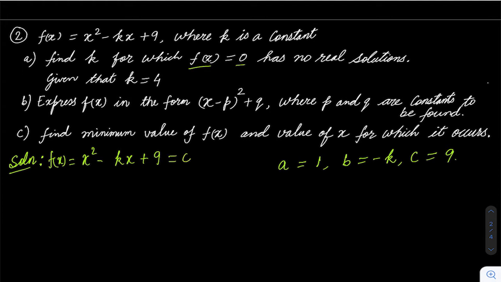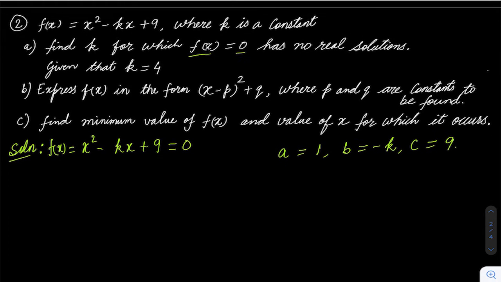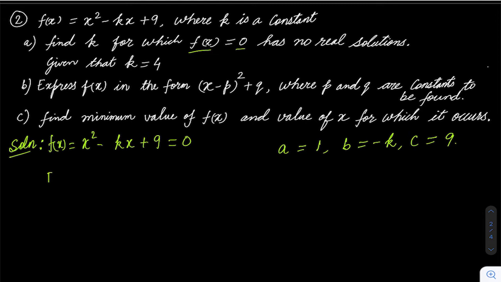So basically this is my quadratic. The discriminant is equal to b square, that is (minus k) square, minus 4 times a, that is 1, into c, that is 9. This should be less than 0. So ultimately I will get k square minus 36 less than 0.